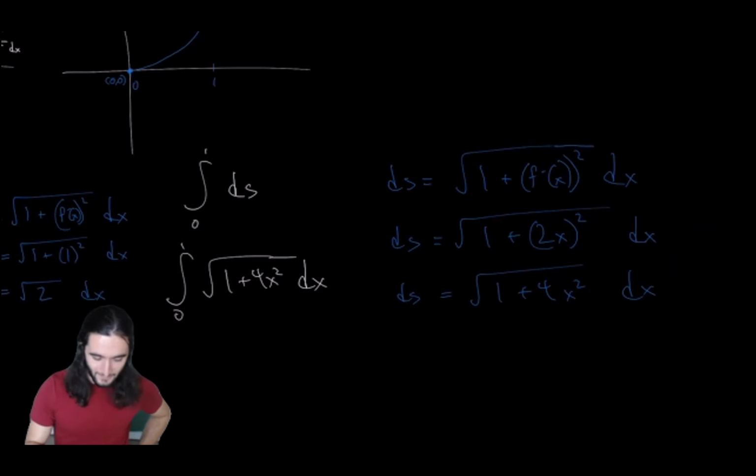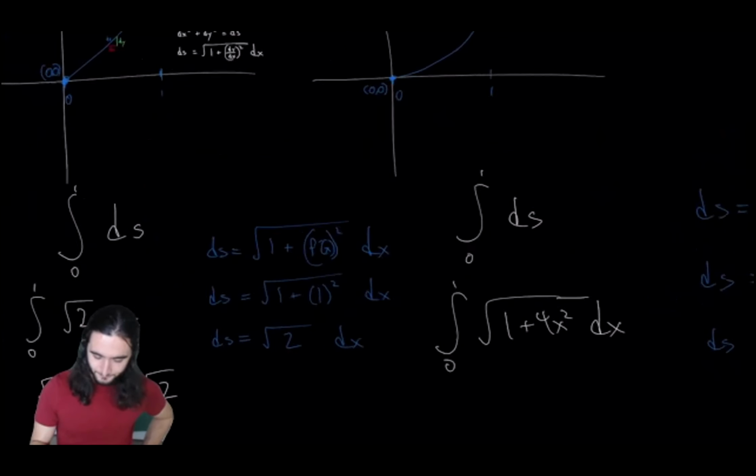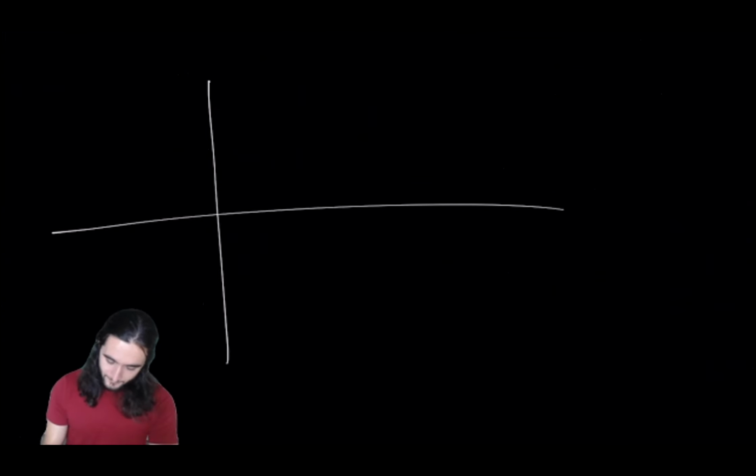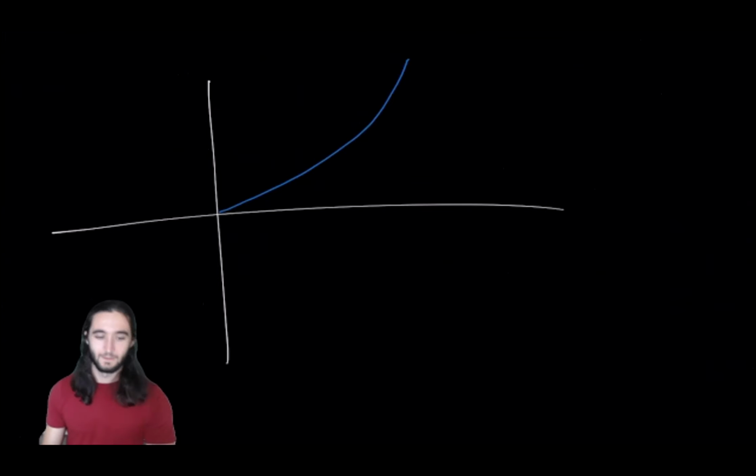So let's talk then about surface area and volume. So if you have a curve, like say this one, it is a common notion in your class these days to imagine rotating that around one of the axes.